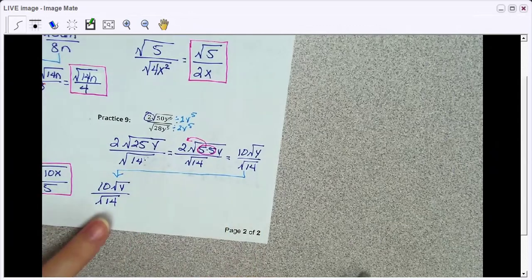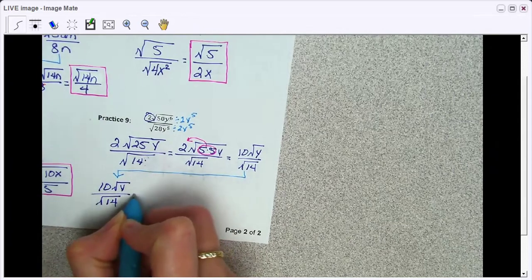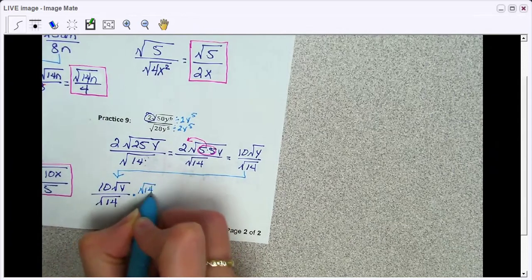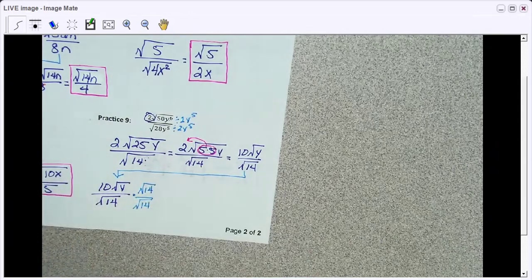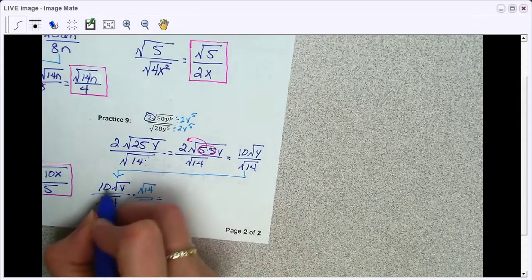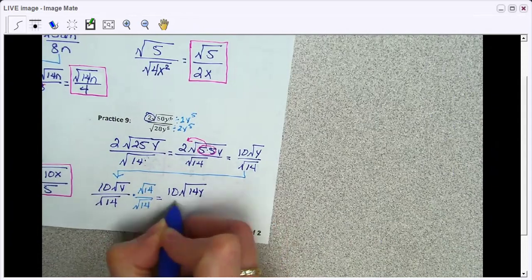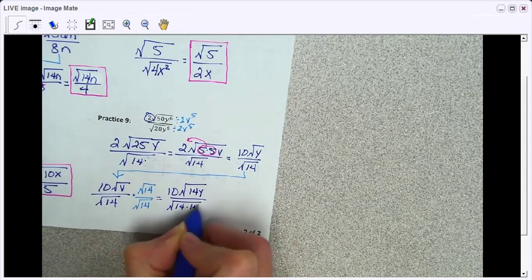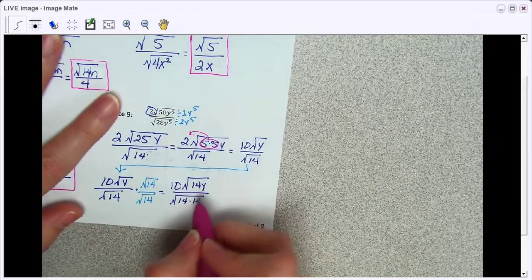And so now we have to rationalize this denominator because we have to get rid of the radicals. So I'm going to multiply the top and the bottom by the square root of 14. And when I do that, I get, don't forget your 10, 10 square root of 14y over the square root of 14 times 14. And at this point, you can factor out the 14.